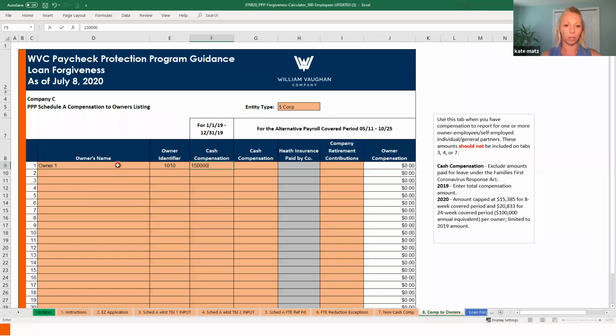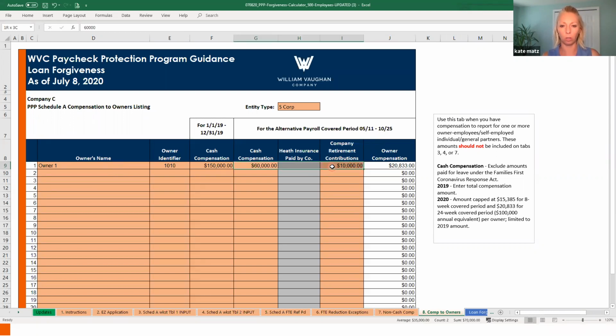Cash compensation for 2019 is $150,000. We'll put our cash compensation for our covered period as $60,000 and an additional $10,000 in company retirement contributions. So health insurance paid by the company, that is grayed out as an S Corp. Those amounts are already included in the W-2 in that cash compensation amount, so we won't be able to include that.